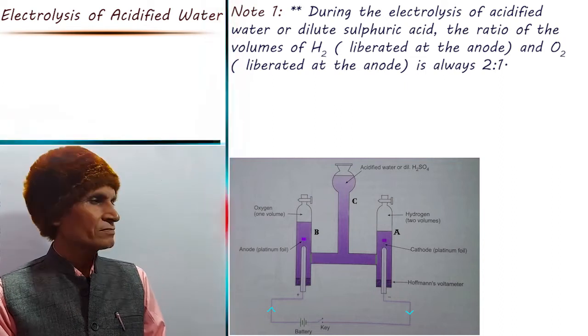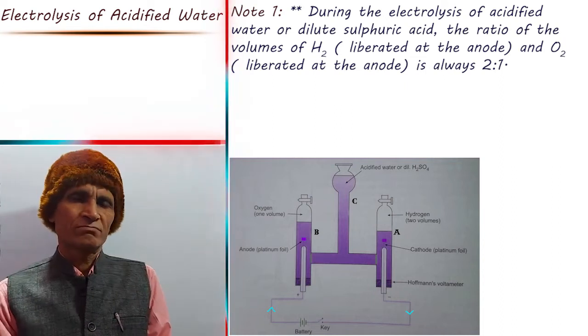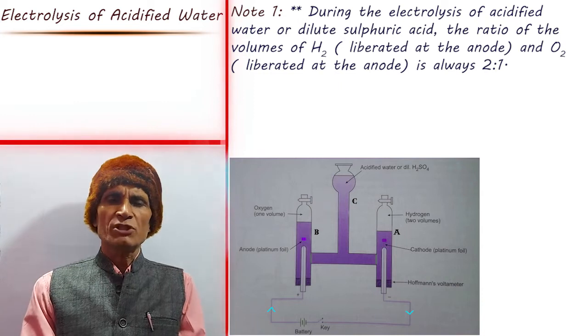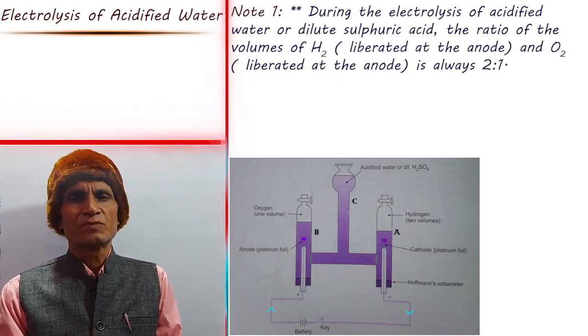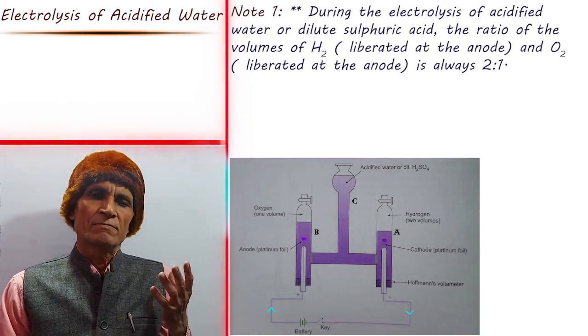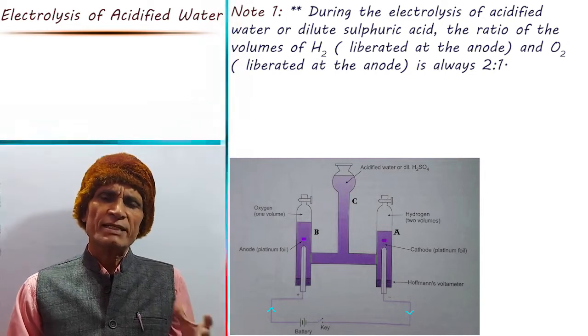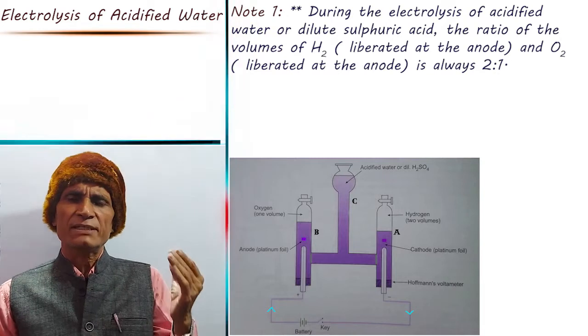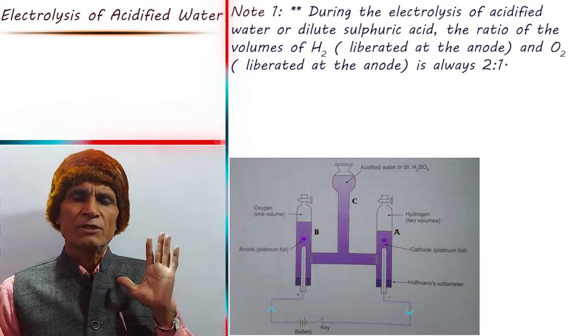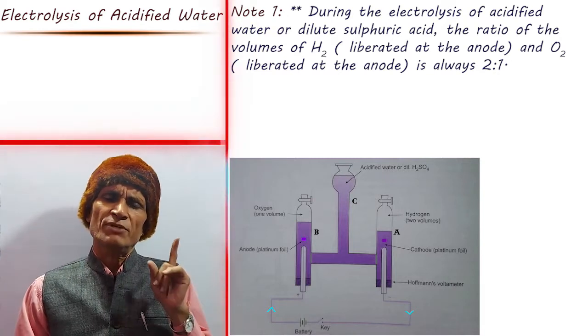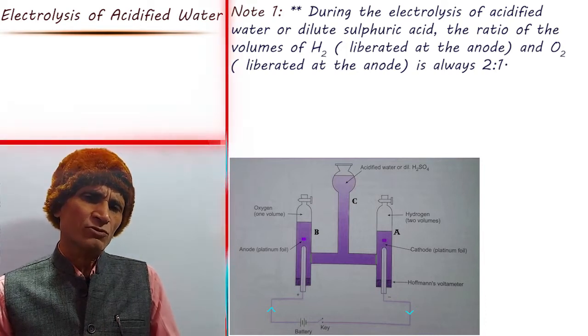Why? Because hydrogen ions are present at the cathode, and hydroxide ions and sulfate ions are present at the anode. But here, a very basic and most important point I am going to tell you.